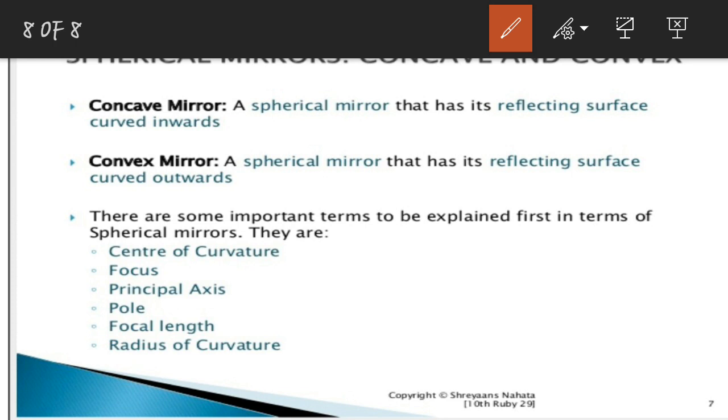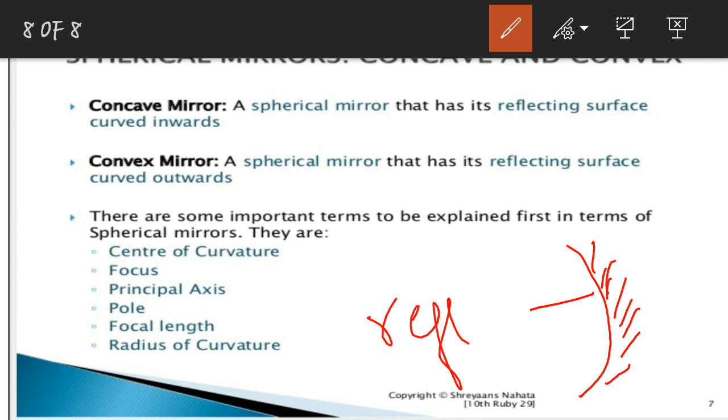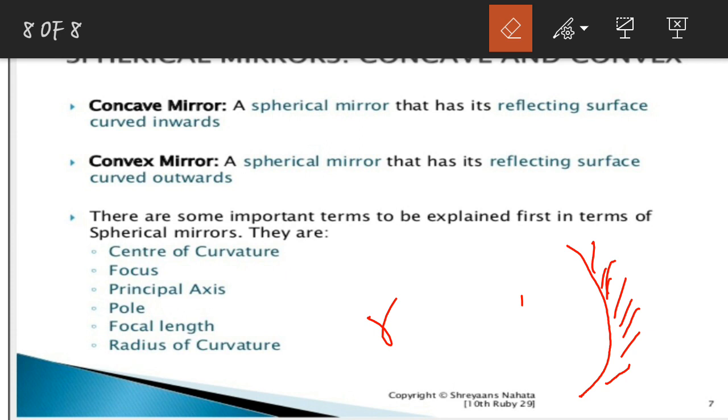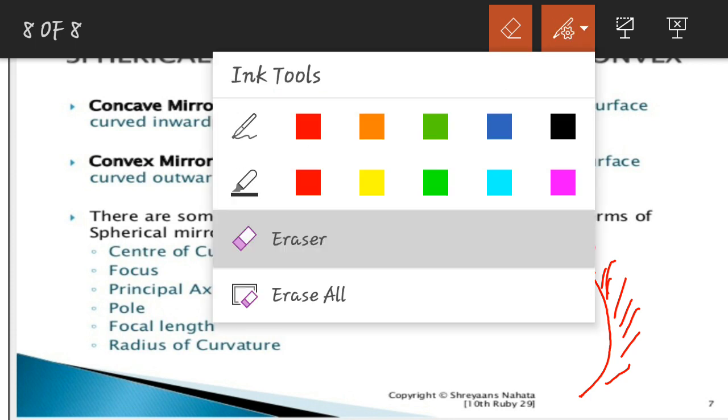For a concave mirror, this will be called a concave mirror, wherein we have the reflecting surface. This will be the reflecting surface which we are able to see. Clear?